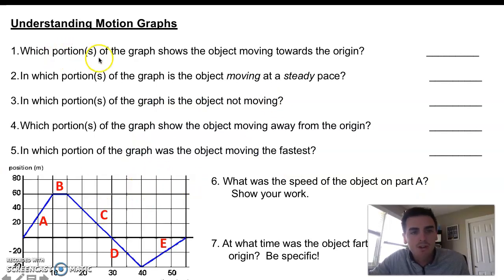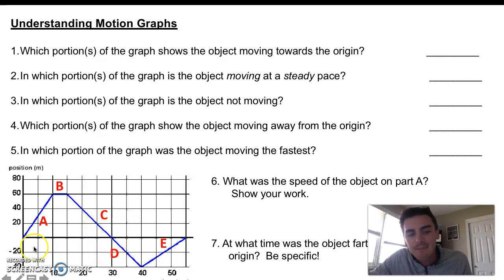It says, which portion of the graph shows the object moving towards the origin? If we look here, part A is moving away from the origin, because here's where I'm starting at 0. Part B, it's not coming towards it at all. Part C turns around and is coming back toward the origin, but I have to be really, really careful here.